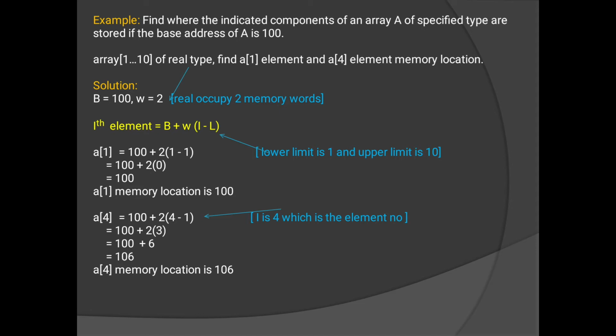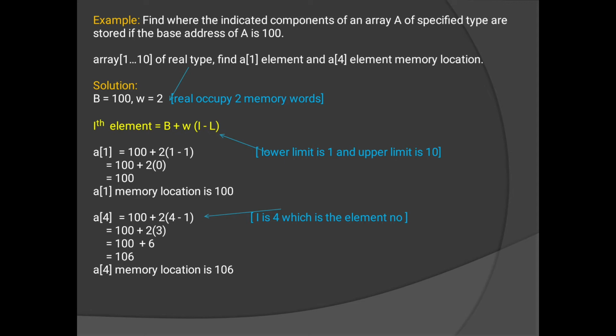The base address of the first array element here is 100. Now we have to find the address of A1 and the address of A4. A1 represents the first array element and A4 represents the fourth array element.